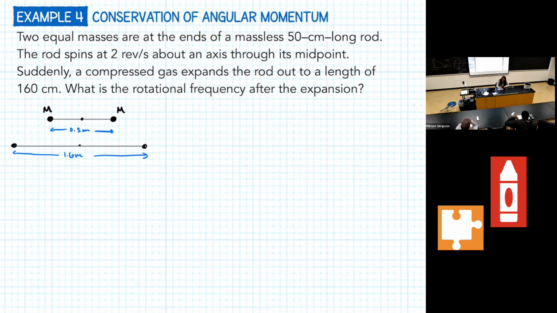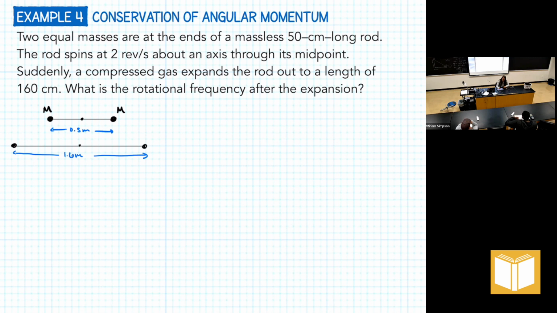What we're doing is conservation of angular momentum, which means I initial omega initial equals I final omega final.